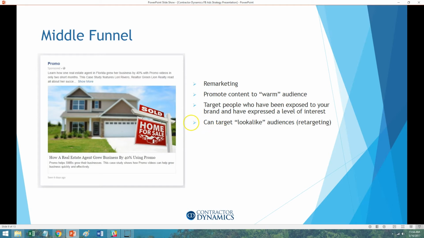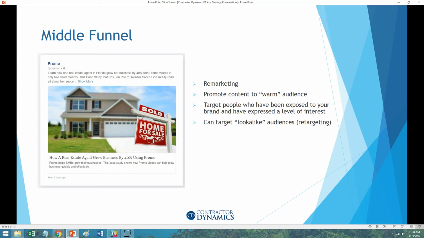We can also create a lookalike audience. So you can go into Facebook and say, all these people have visited my website. I'm going to remarket to them and build a list of other people that are in a similar situation, who have demonstrated similar behaviors or are in a similar demographic. So this is called retargeting, because you're targeting people that have not necessarily visited your website, but people who have a similar profile to people who have visited your website.